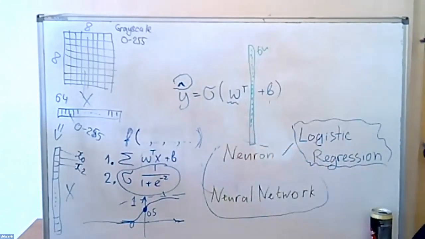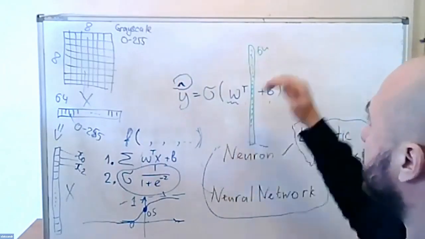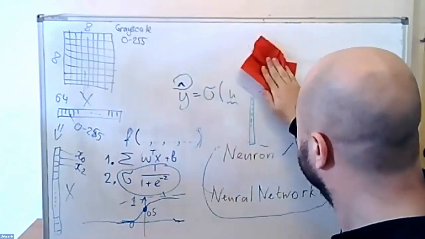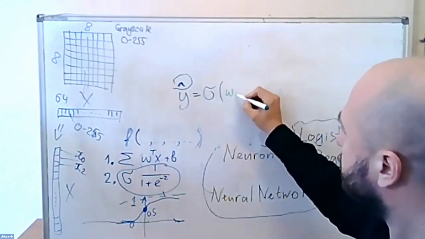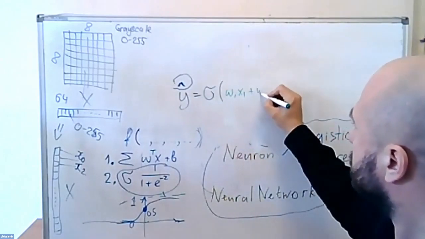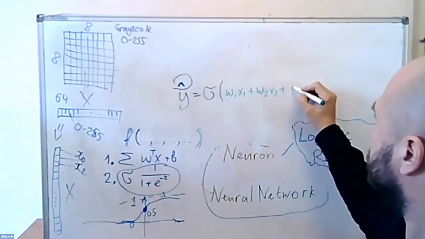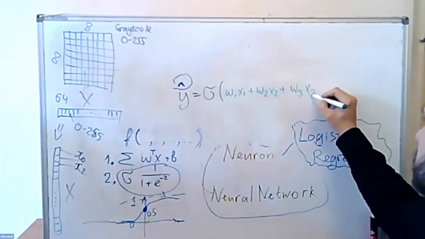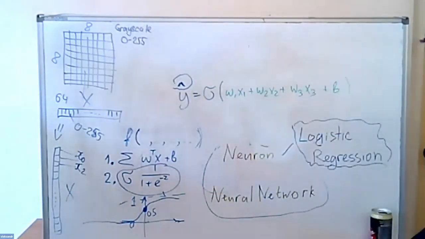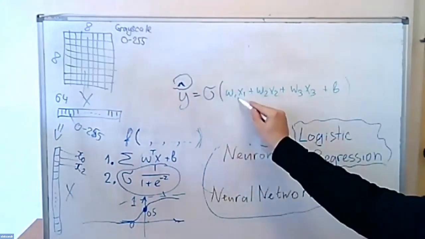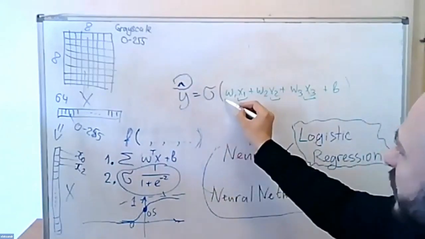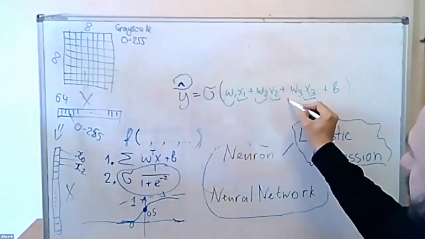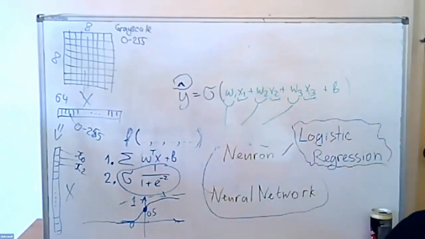It means that if we want to have logistic regression for just 3 values, we will have something like this. X is a thing that we get from data, but these omegas are something that initially is unknown.